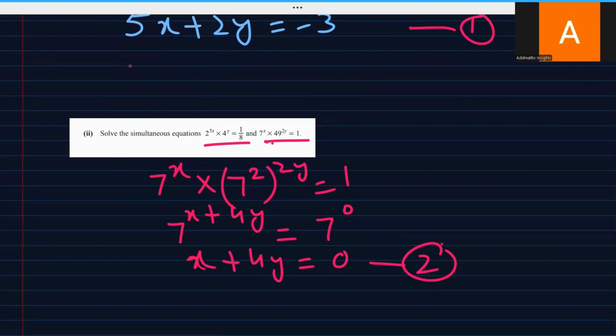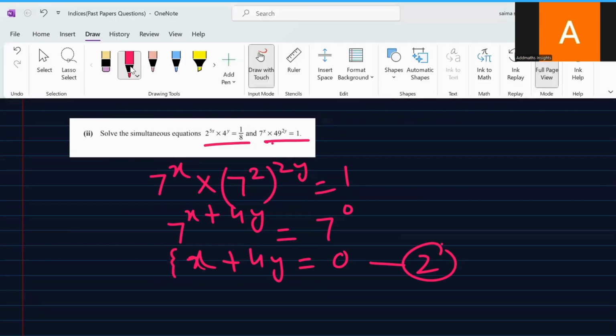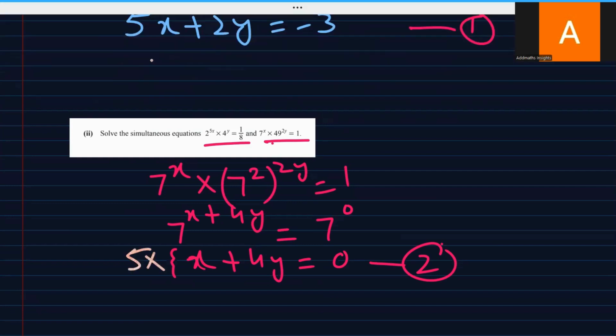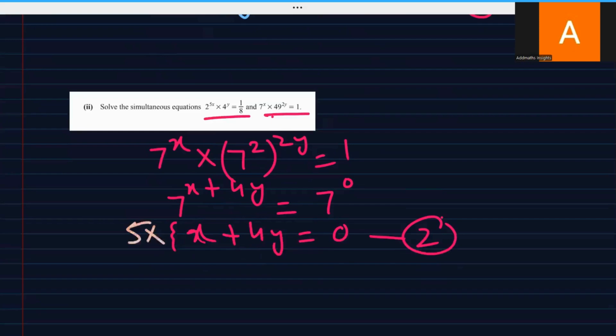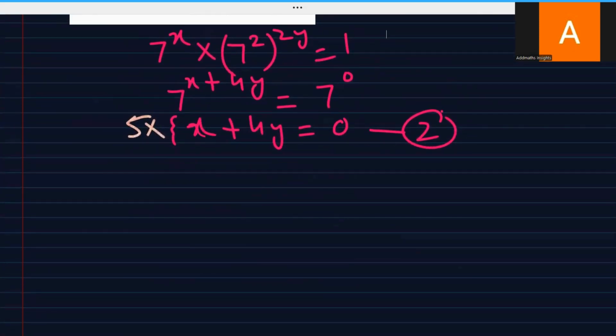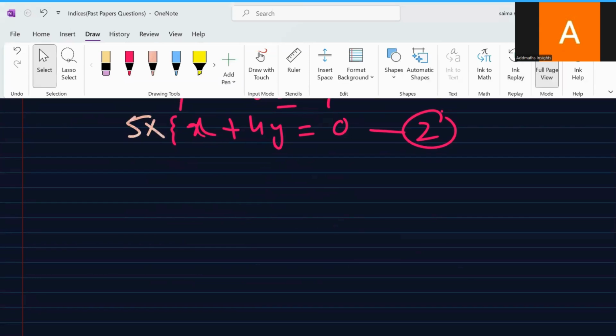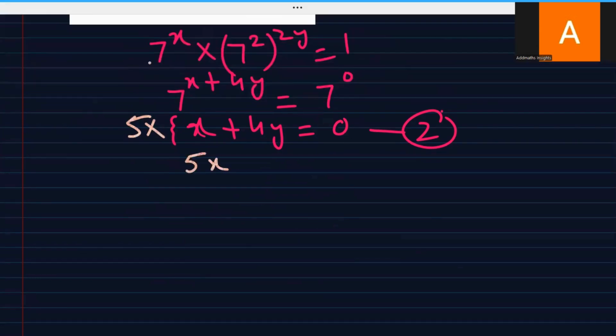Now you know how to solve simultaneous equations. We make the coefficient same, so you multiply by the number 5. Then it will be 5x plus 20y is 0.